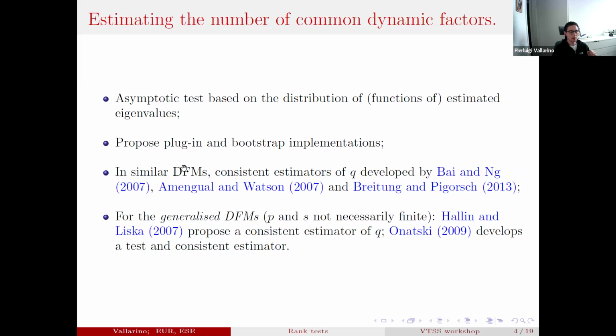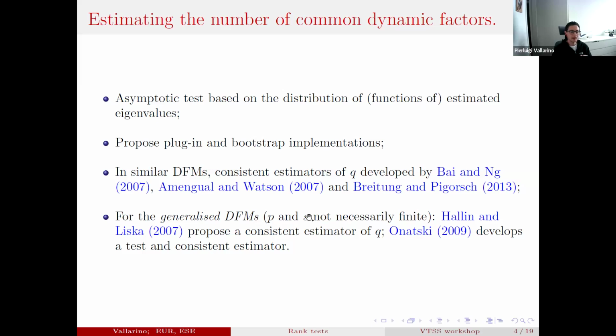Now, in similar dynamic factor models, consistent estimators of q were developed by Bai and Ng and Amengual and Watson, as well as by Britten-Jones and Pigorsch. The first two were based on principal component analysis. Britten-Jones and Pigorsch considered canonical correlation analysis. Differently from these papers, we don't just develop a consistent estimator, but we rather construct a fully fledged asymptotic testing procedure on top of which we can then construct a consistent estimator.